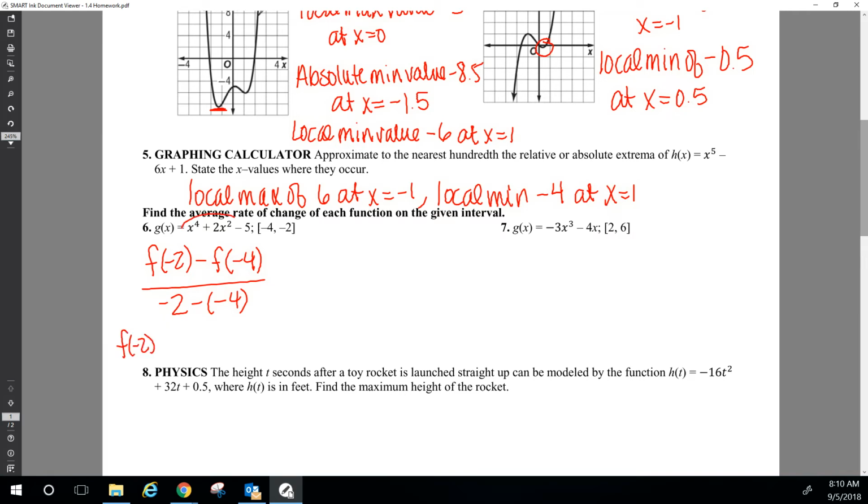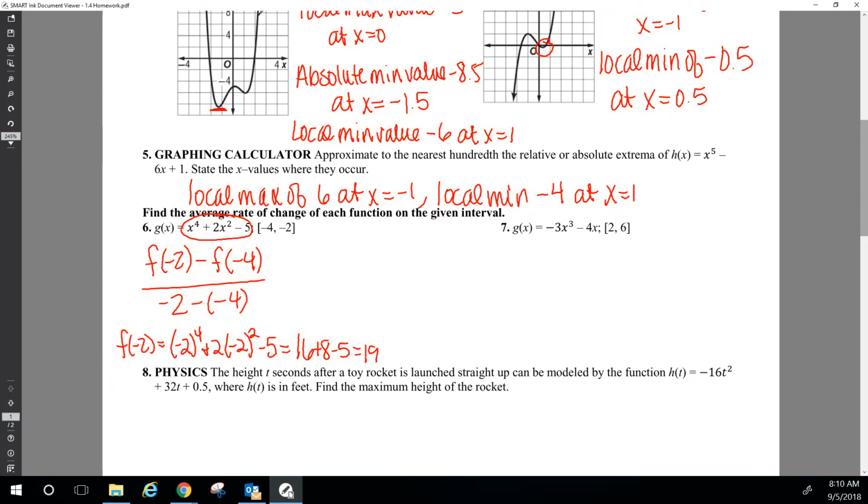We're plugging it into this function here. So I've got -2 to the 4th plus 2 times -2 squared minus 5. -2 to the 4th would be positive 16. -2 times -2 is 4, times 2 is 8, minus 5. So this is 24 minus 5, which is 19.